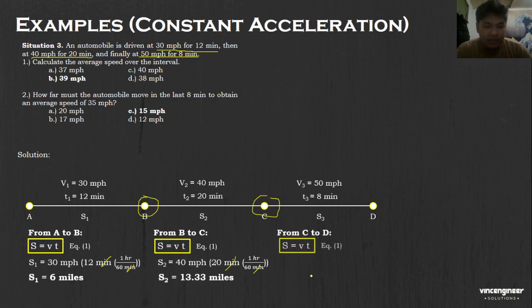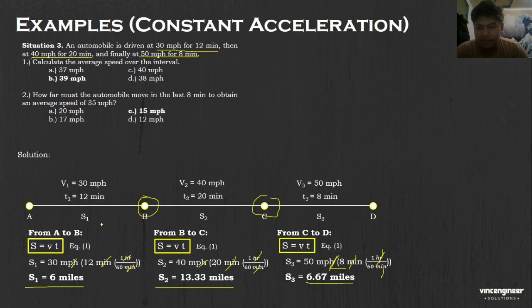And from C to D, S equals vt again, our formula for constant speed. Substitute 50 miles per hour times 8, times the conversion factor so that the units cancel and we are left with miles.